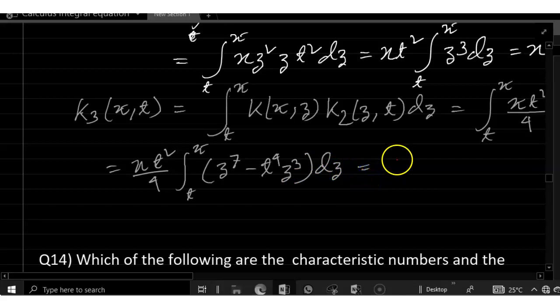It can be written as x square by 4 by 2 factorial into x to the power 4 minus t to the power 4 whole square.